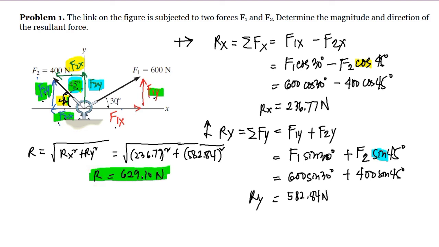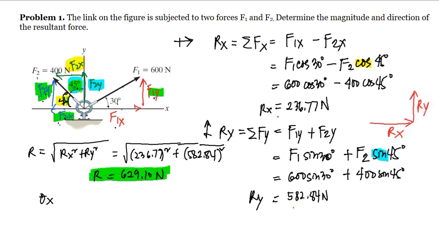Now, if we are going to compute for the direction, we have theta x. As you can see, we have the positive Rx, meaning the x component is directed to the right, and Ry is also positive, so that is directed upward.